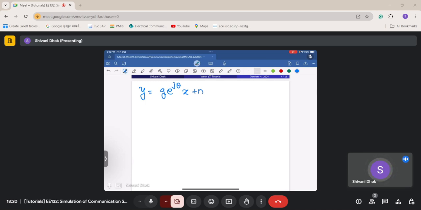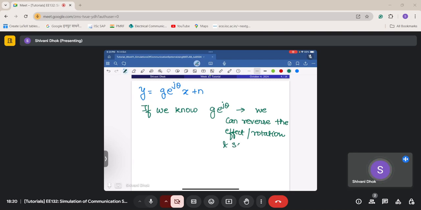So if we know g e power j theta, then we can reverse the effect, the rotation and scaling, by multiplying by e power minus j theta into g power minus 1.